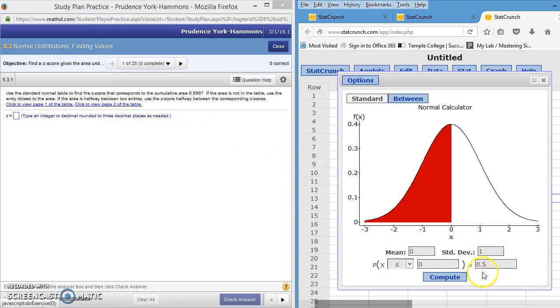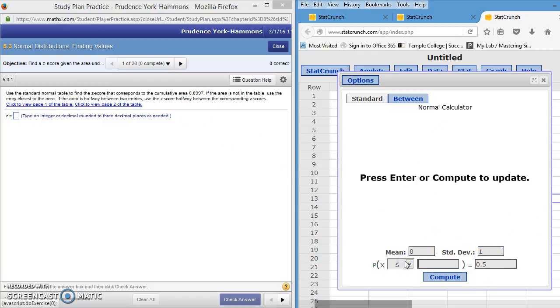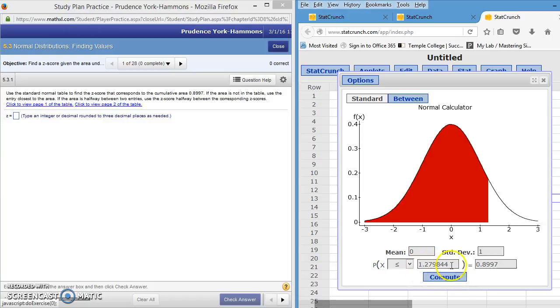Now what you do is, in this case, you can delete the number that's in the x value and type in your probability, 0.8997, and when you click compute here, it will give you the value of your z-score, and it wants it to 3 decimal places, so that would be 1.279, and then this 8 after the 9 makes it become a 10, which makes the 7 become an 8.